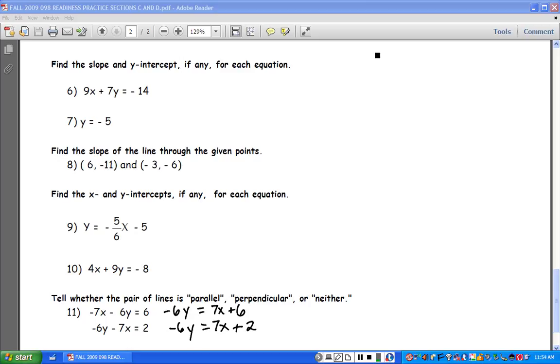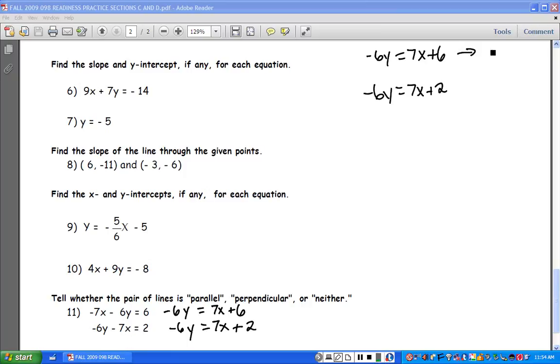So let's move up here. -6y equals 7x plus 6, and the other one is -6y equals 7x plus 2, and we divide everything by -6.